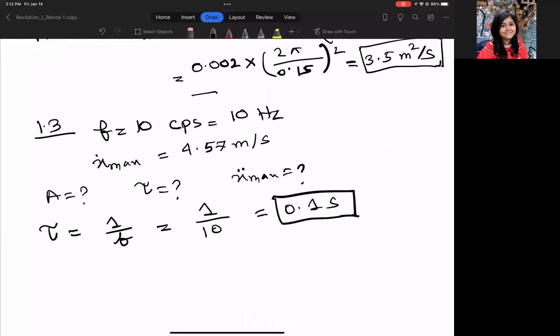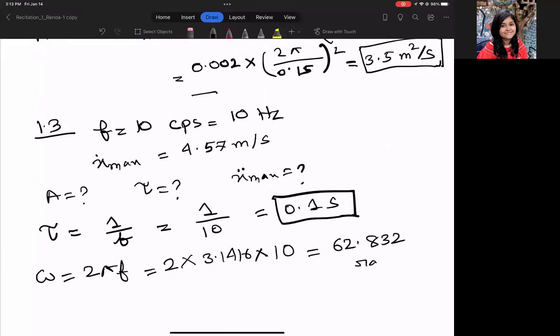Then we will find omega, which is 2 pi f. If we put the values 2 into 3.1416 into f, we will get 62.832 radian per second.